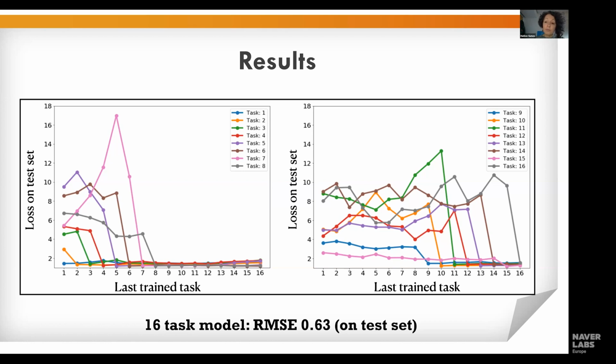When the model is trained on that task or action, the loss drops for that action and it stays low throughout the continual learning process, meaning that the model is able to mitigate catastrophic forgetting, so it does not really forget the previous knowledge. And we found that the average root mean square error for all of these actions is 0.63 on the test set, which we found satisfactory because we have a scale, remember, from 1 to 5.